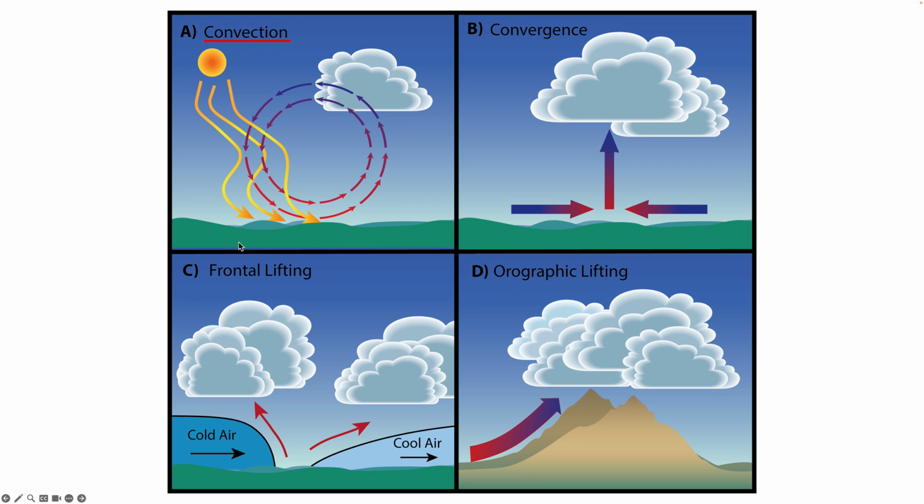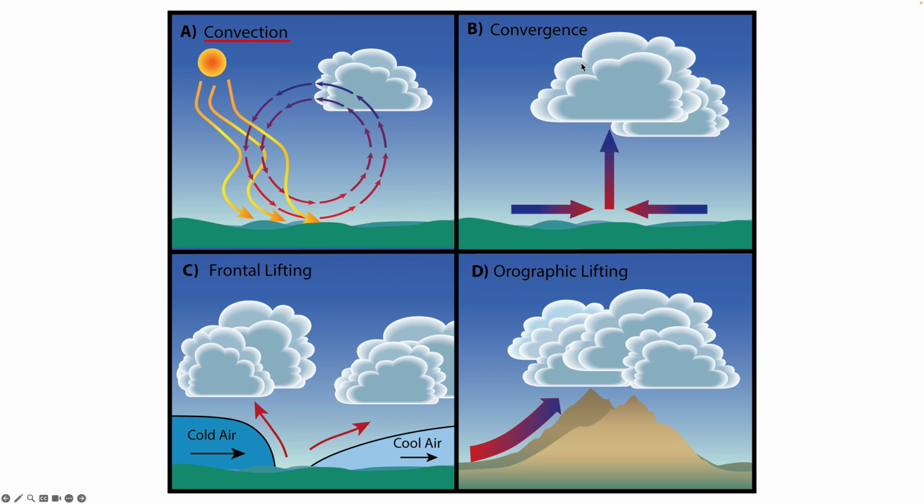And so what is depicted here on the top left-hand part of the slide is a convection current, where we have warm air rising, it cools as it gets higher in the atmosphere, then it sinks again where it warms and rises again. And you'll notice that where we have our rising air, we have a cloud.